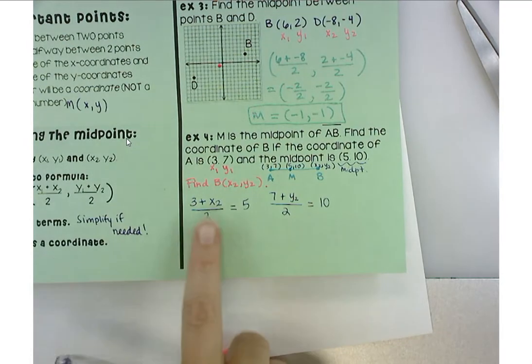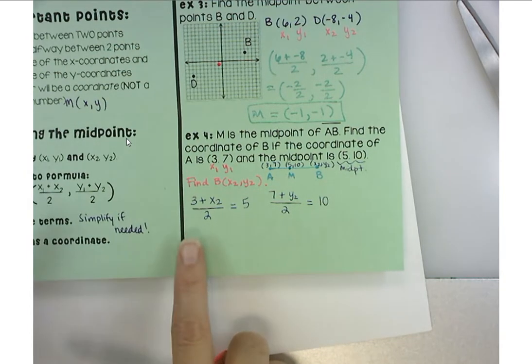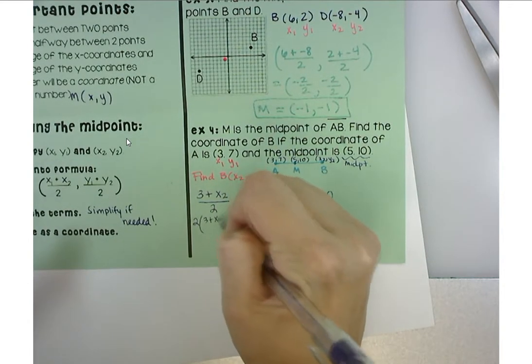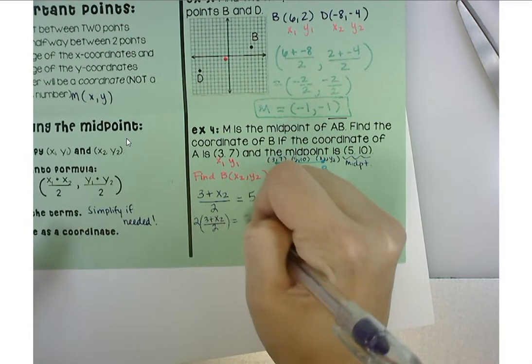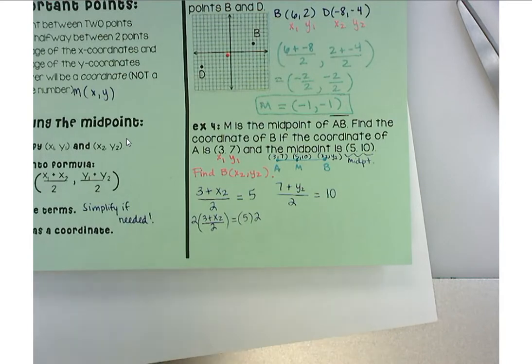So if I want to solve that for x2, can you guys tell me what I have to move over first? The 2. Yeah, do you know how to do that, Griffin? Multiply both sides by 2. So if we multiply both sides by 2, Ryan, what happens on the left side when we multiply by 2? Yep, that's okay.